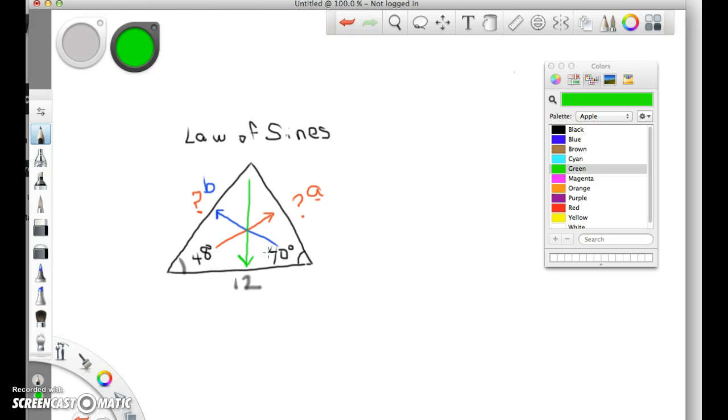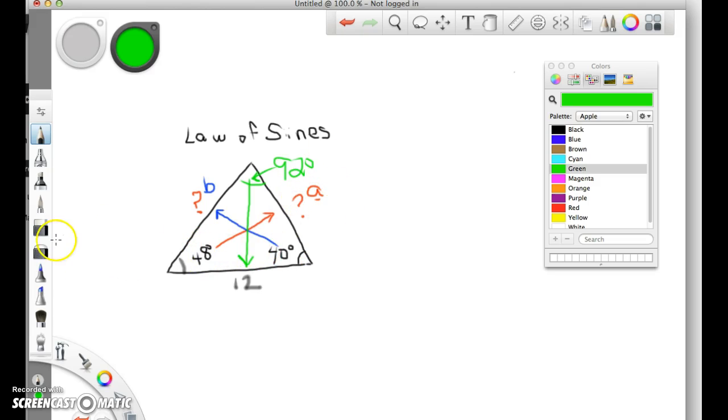If it was 90, we would just need 90, so it's actually 92 right here. So this is 92 degrees, since 180 minus these two equals 92.